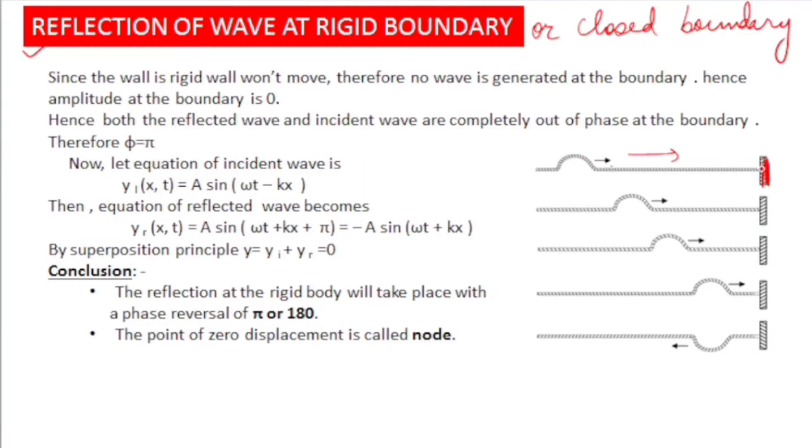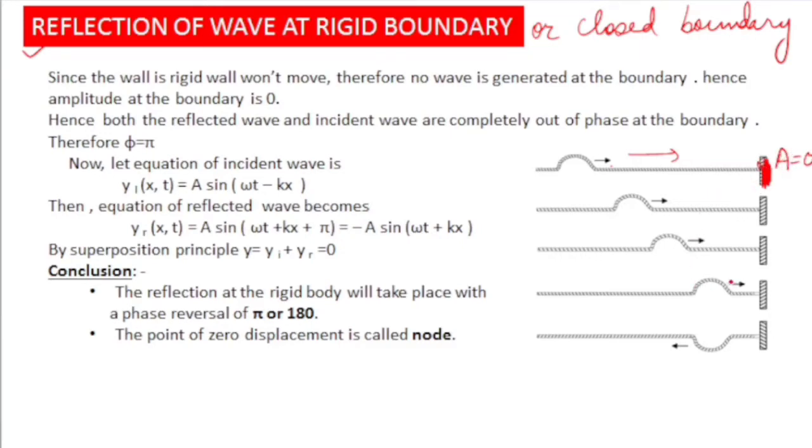Then according to Newton's law, the wall also exerts a force on the string, but the wall doesn't move. Therefore, no wave is generated at the boundary, and no wave generated means displacement or amplitude is 0. So at the boundary, amplitude is 0.